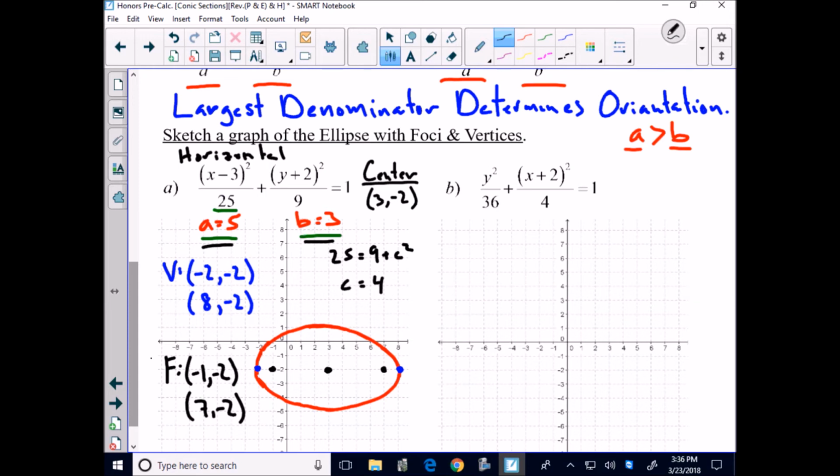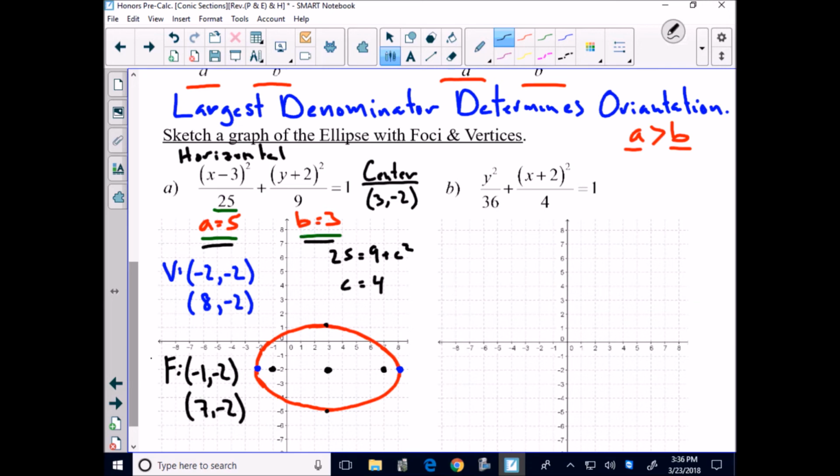So we would go out 5 from the center to get the two vertices, the ends of our major axis, and we would go out 3 vertically to get the points at the end of the minor axis, which are going to be on the perimeter. Then we can draw our ellipse through the vertices and the points at the end of the minor axis and get the ellipse that we're seeing right here.